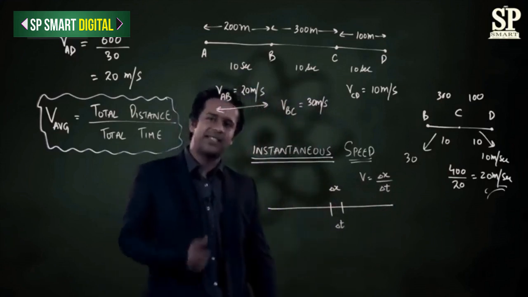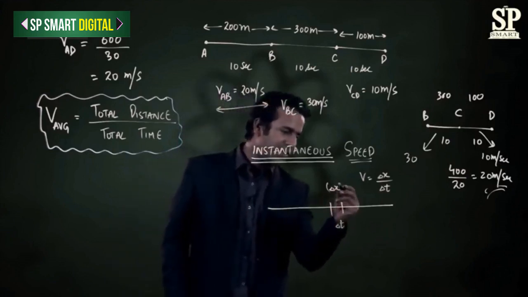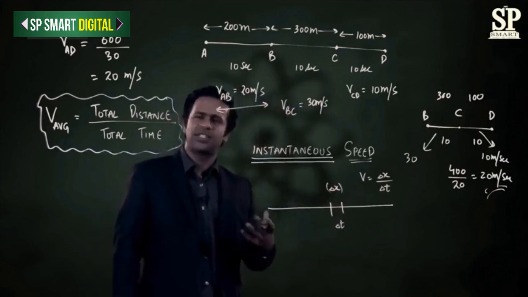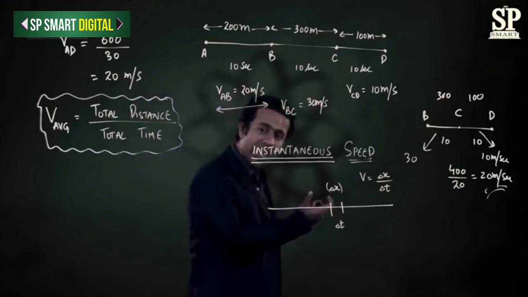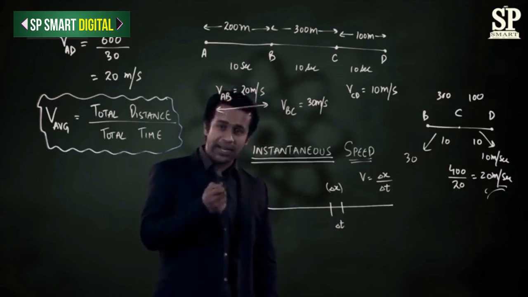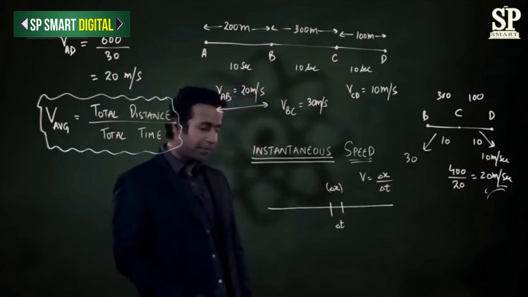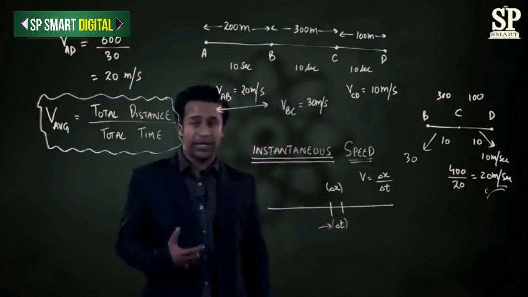This delta basically is shown to symbolize change. So this is delta x, which shows change in position. But as I've said, this delta x is very small because we want to measure the speed at a very specific time. And for the same reason, delta t is also very small.